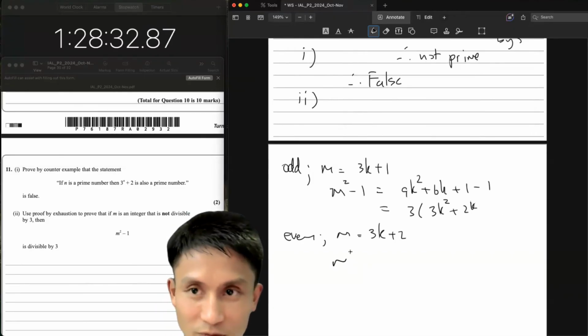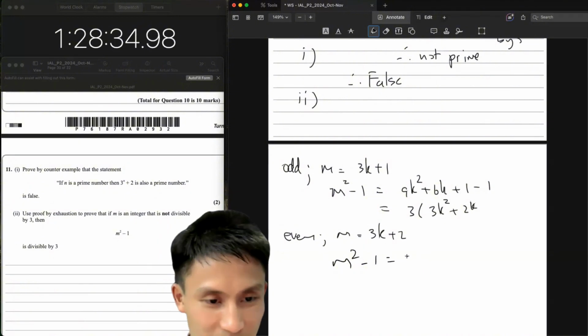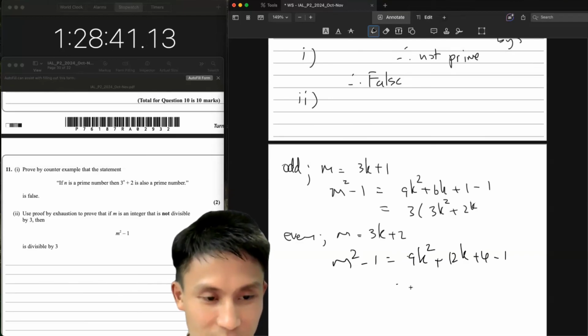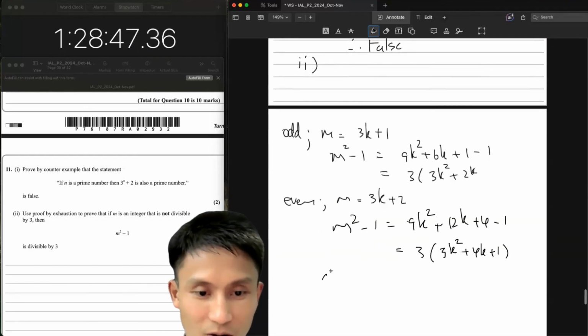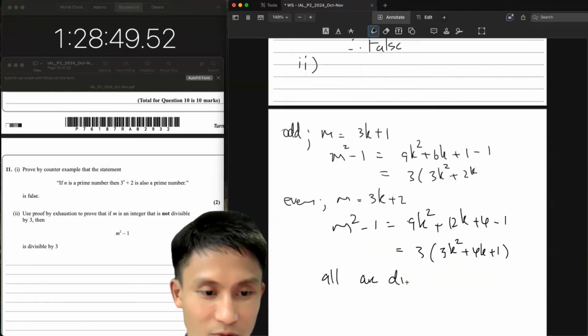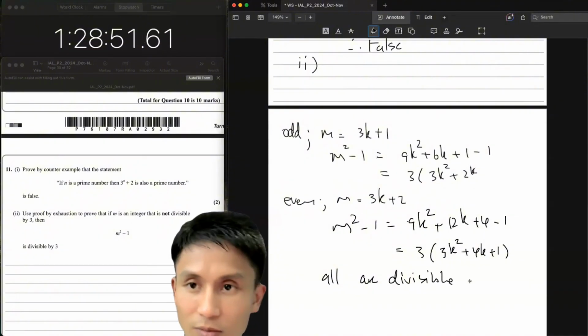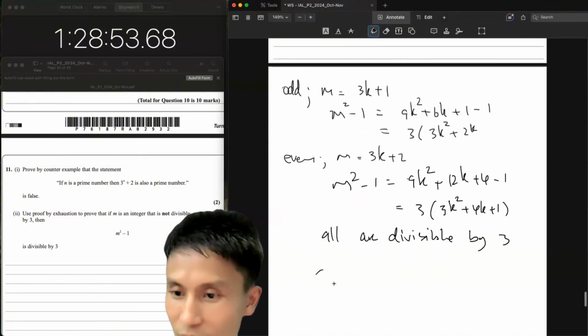I'm just going to do this one first. Again, 9k squared plus 12k plus 4 minus 1. So you can bring 3 out, so that would be 3k squared plus 4k plus 1. All are divisible by 3.